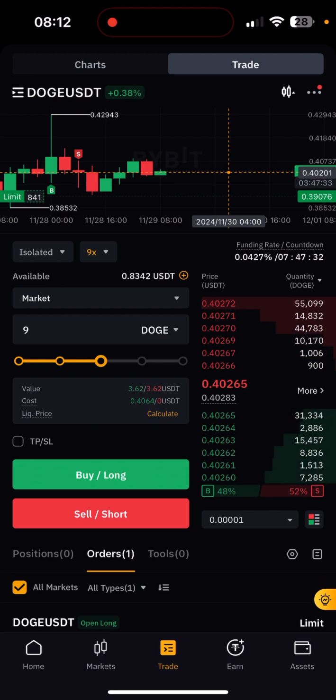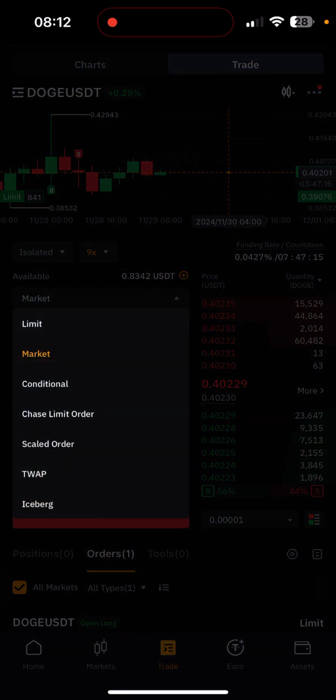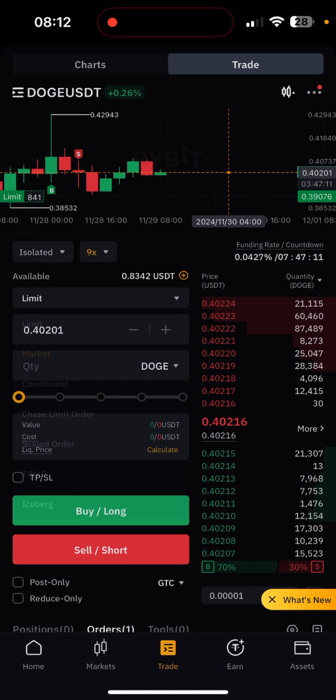So now I have explained how we can use this bar that I'm moving to indicate the quantity you wish to trade. I've also explained taking trades at market price and taking trades at limit.